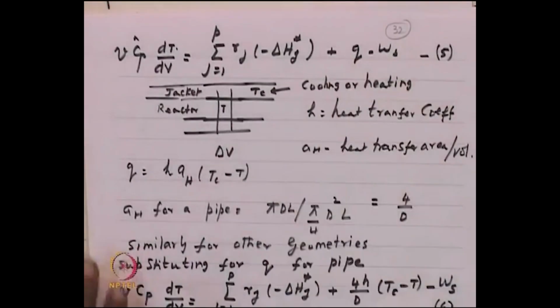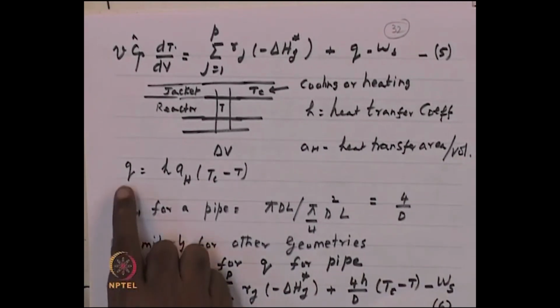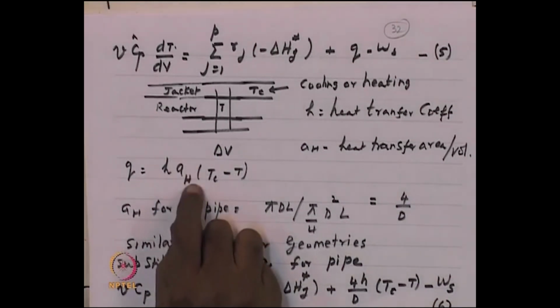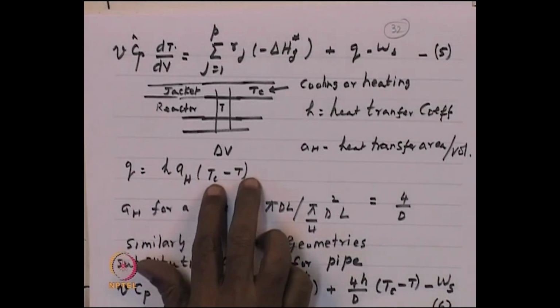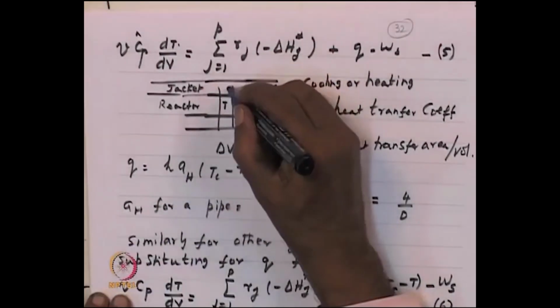All right. Now, let us see what simplifications we can do. This term Q, heat input per unit volume, assuming that our equipment is a pipe or a tube. Our heat transfer is h, heat transfer coefficient, times surface area multiplied by the driving force. Therefore, if you have a unit volume here, suppose this is how the heat is coming in.